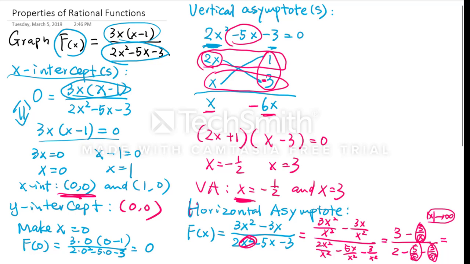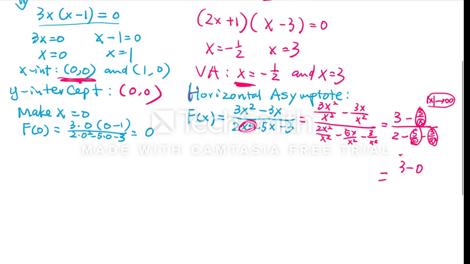So in this case, you have 3 minus 0 over 2 minus 0 minus 0, which is 3 over 2. Okay, so your horizontal asymptote will be y equals 3 over 2. That's your horizontal asymptote.